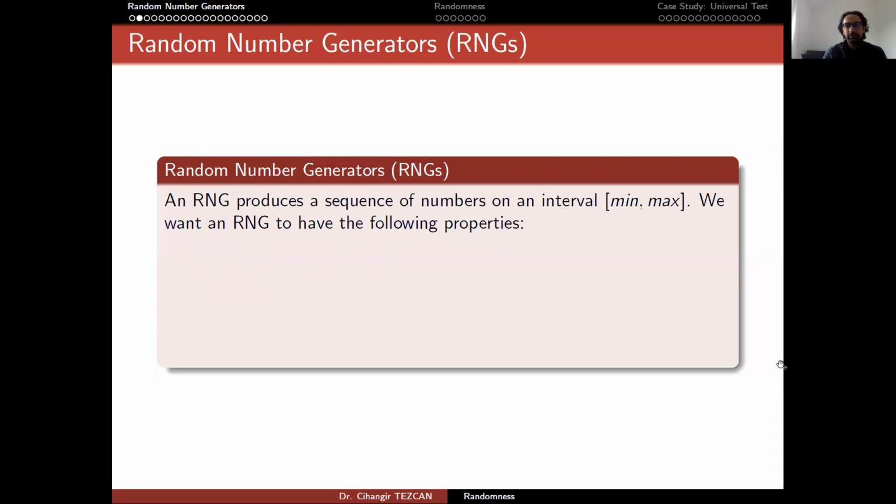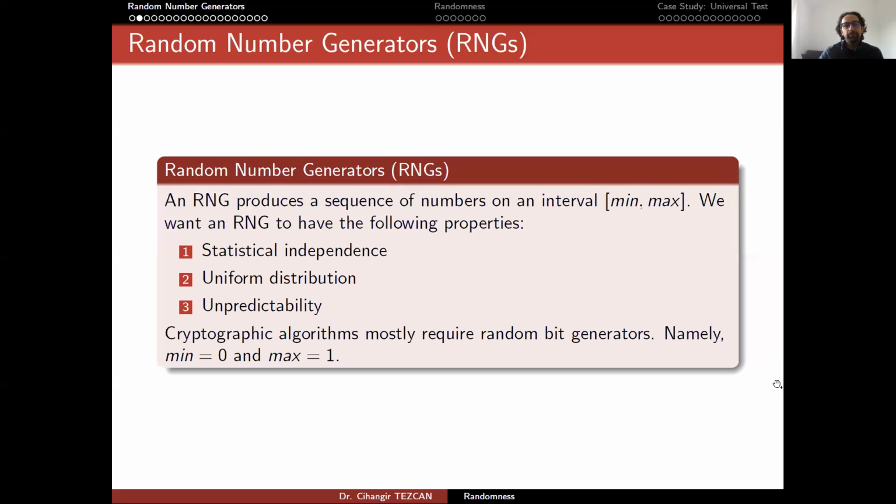Now we understand that we need randomness. Let's talk about some definitions, and then we will talk about how we can construct random number generators. A random number generator, an RNG, produces a sequence of numbers on an interval from minimum to maximum. We want an RNG to have the following properties: statistical independence, uniform distribution, unpredictability.